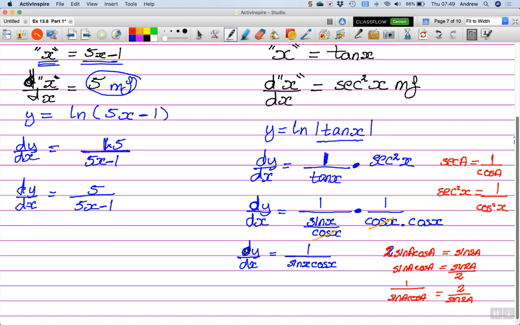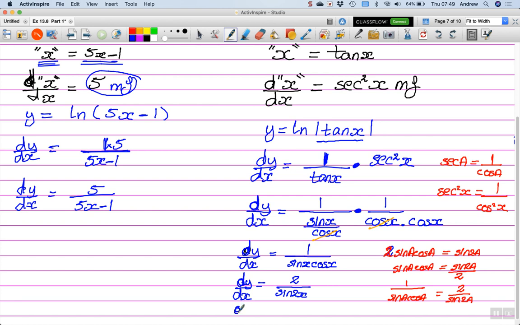So using that formula, dy dx is now equal to 2 over sine 2x. And then just a final insult to injury, of course, 1 over sine is cosec.